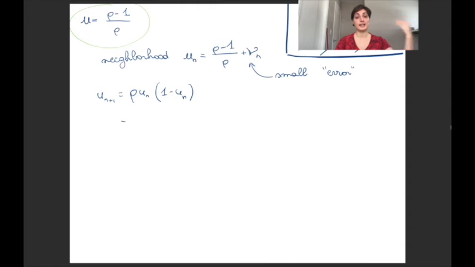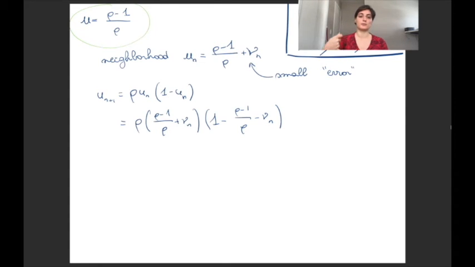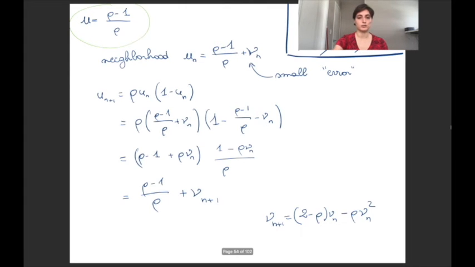So let's do it. Let's compute the next step, starting from the assumption that un is close to the equilibrium we want to study. Then un plus 1 is our difference equation applied to un, so our difference equation applied to the equilibrium plus a small error. And we do all the computations.